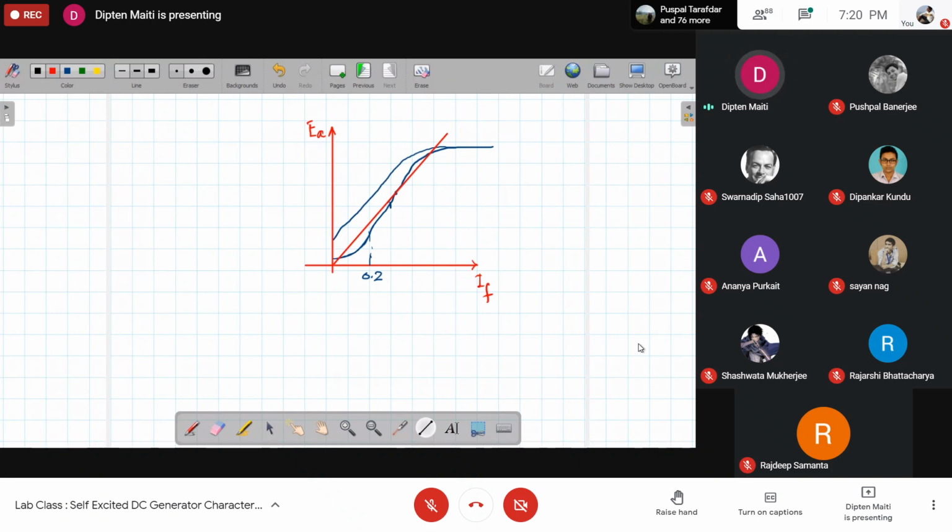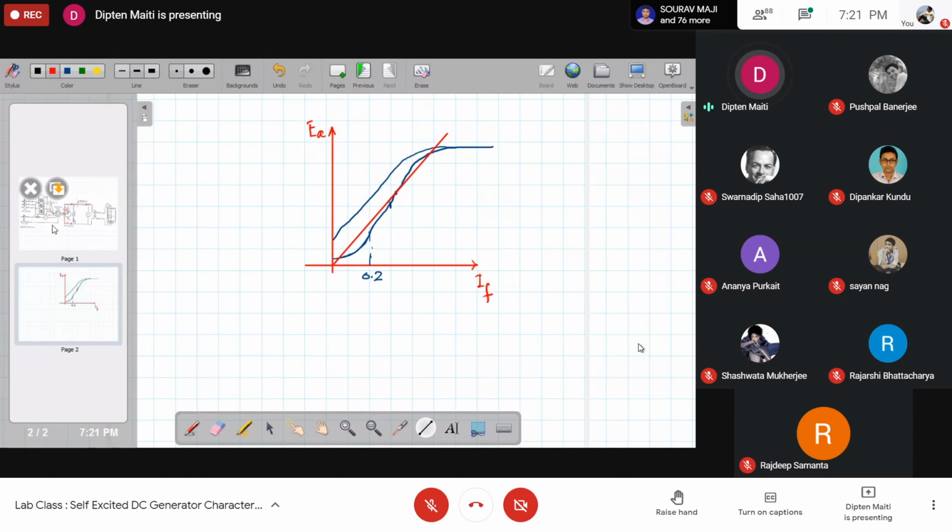The rated field current is the rated voltage divided by the field resistance, which is available from the run of the shunt generator mode. So you know the rated excitation. From that you calculate the induced EMF, and from that you calculate what would be the rated critical speed.